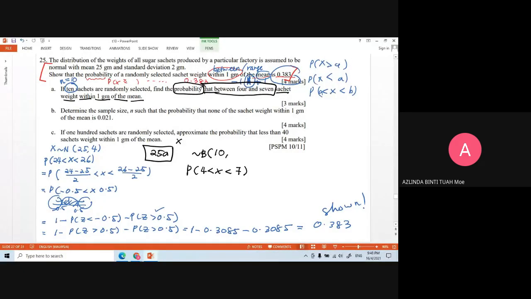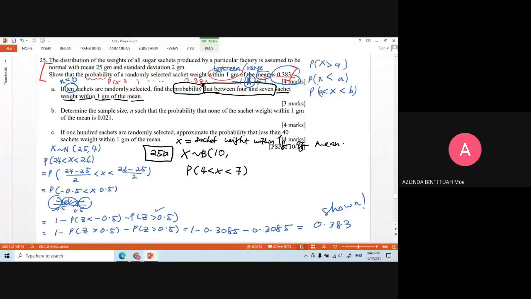So let me rewrite. X is the event of getting the sachet weight within 1 gram of the mean.